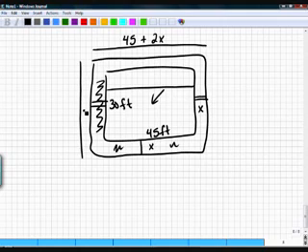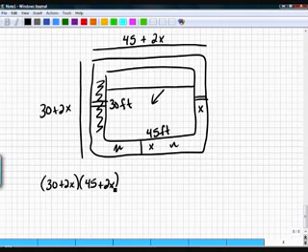How tall is it going to be? 30 plus 2x. This problem's a little bit easier than the last one. And you want to use 750. So we're going to take the area of the whole thing, which will be length times width. That's the area of the entire thing, including garden and everything.